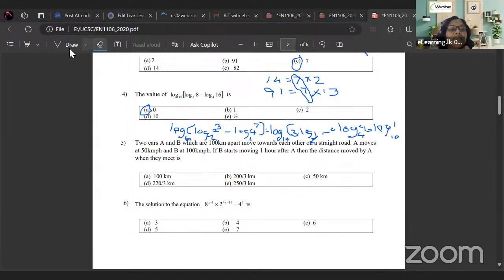What they say in question number 5 is that A and B, which are 100 kilometers apart, the distance between A and B is 100 kilometers, right?